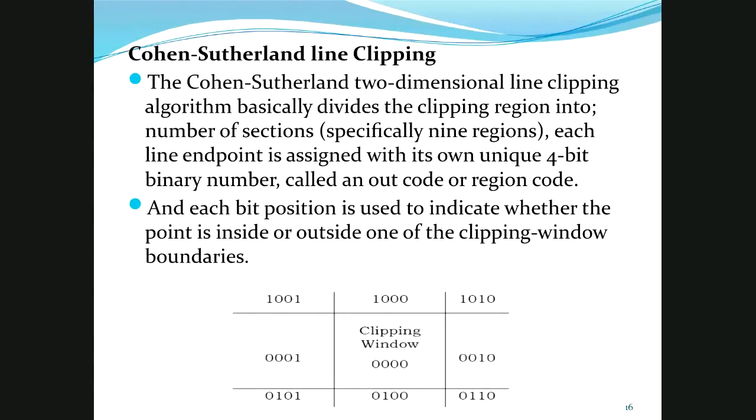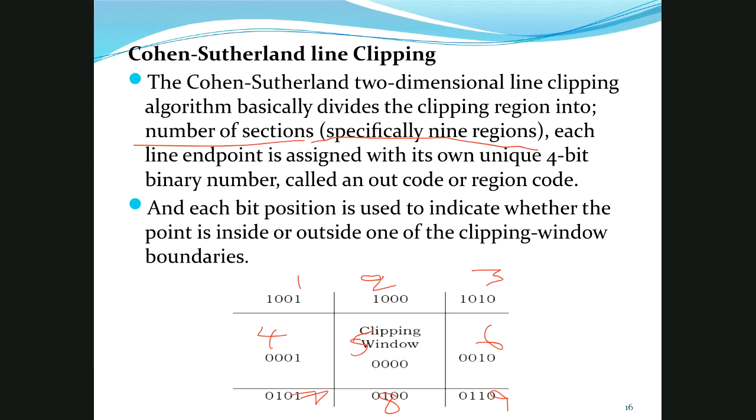In the Cohen-Sutherland algorithm, first you divide the clipping region into a number of sections, especially 9 regions, like this: 1, 2, 3, this is 4, 5, 6, 7, 8, 9. Whatever picture or portion you want to clip, the first step is to divide that clipping region into a number of sections.